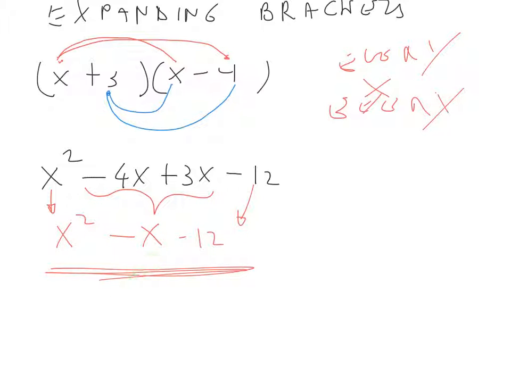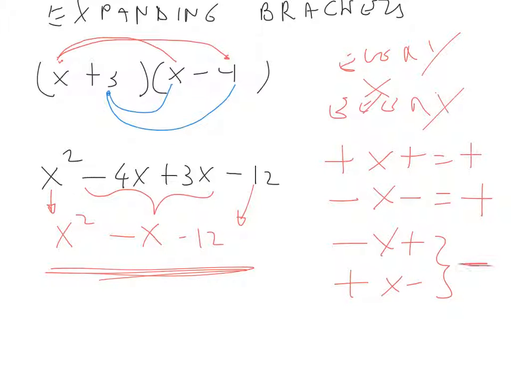Notice that positive times negative gives me negative. Just to remind you, positive times positive gives positive, negative times negative also gives positive, but negative times positive or positive times negative is the same thing, it gives me negative.